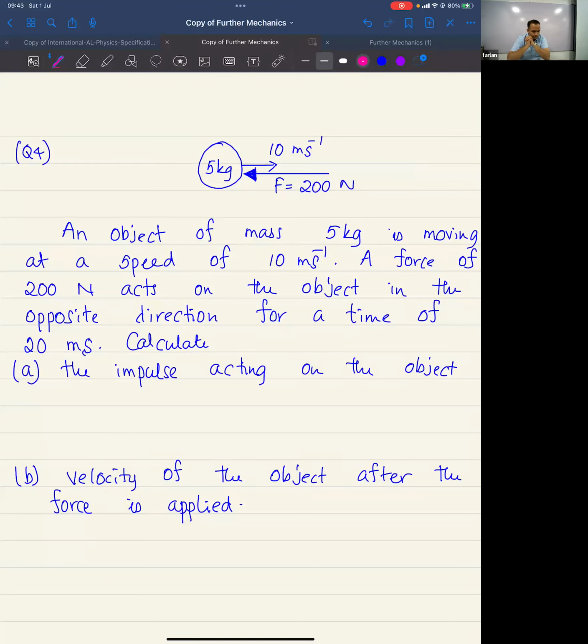Calculate part A, the impulse acting on the object. Part B, velocity of the object after the force is applied. Give a try.